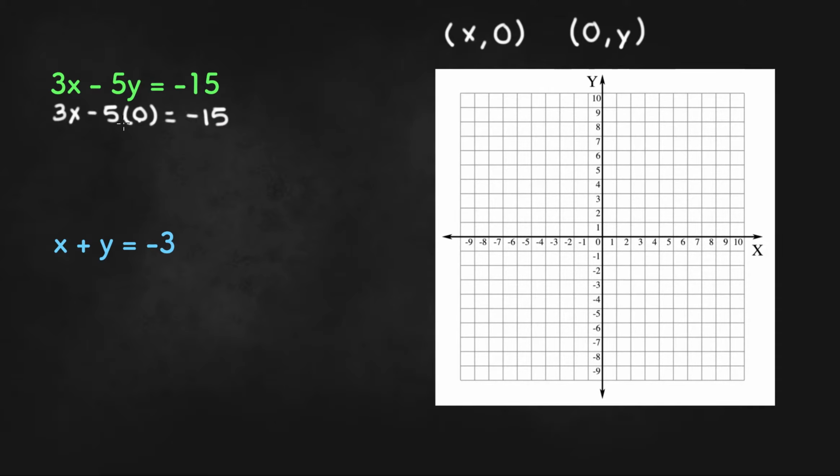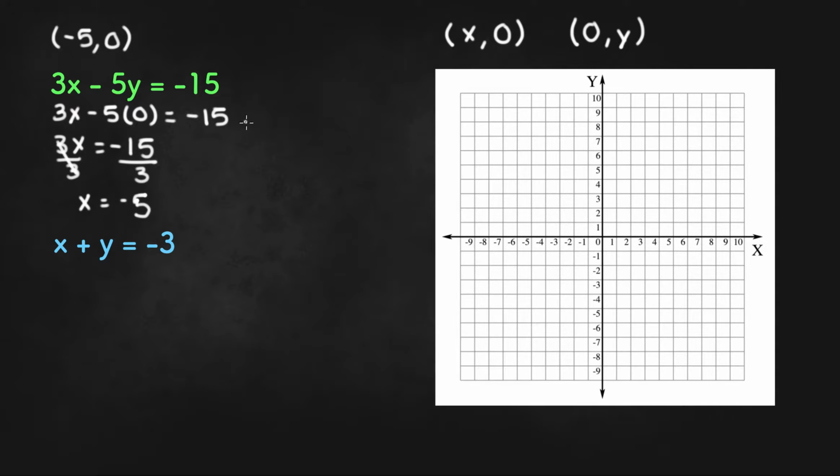Now, negative 5 times 0 is 0, so we have 3x minus 0, or just 3x, equals negative 15. And once we divide both sides by 3, we are left with x equals negative 5. So our x-intercept for the first example is going to be negative 5, 0.